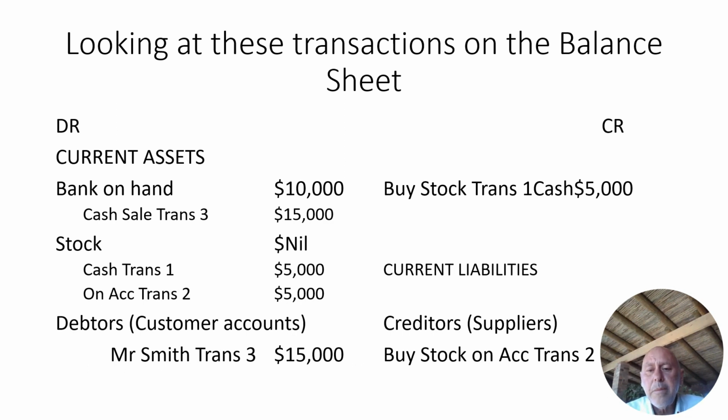It's the credit. And then under stock, I've created a new current asset there, stock, cash transaction 1. That's your debit side of that entry that I showed you of $5,000. So it's in balance, as your balance sheet is still in balance after these transactions.